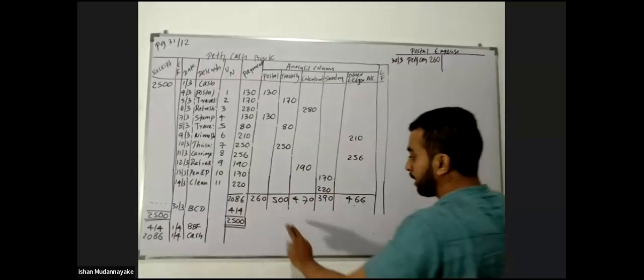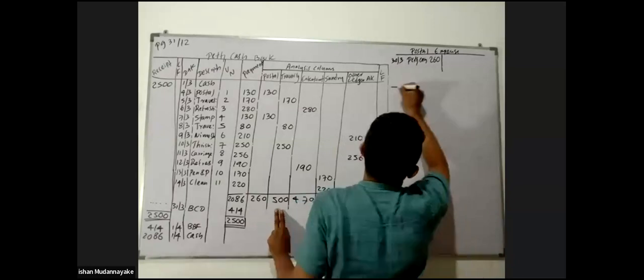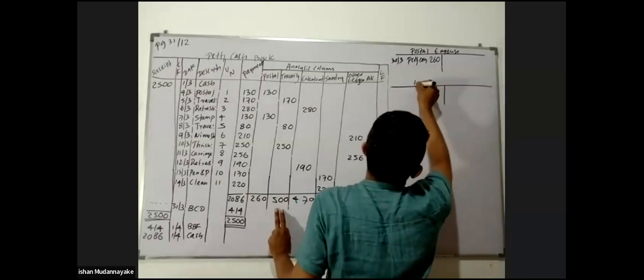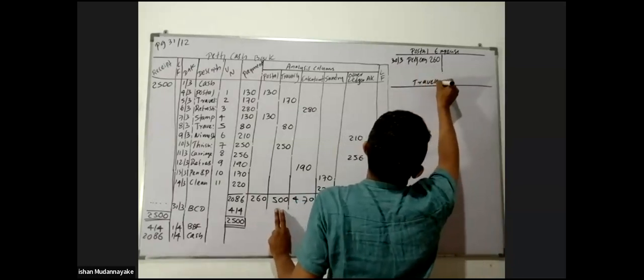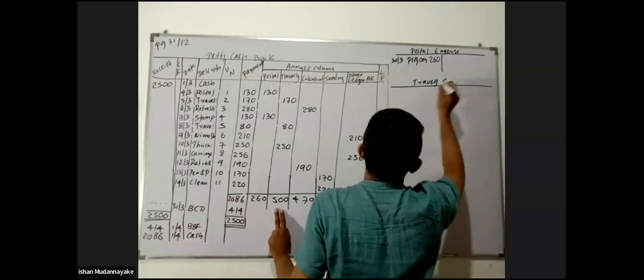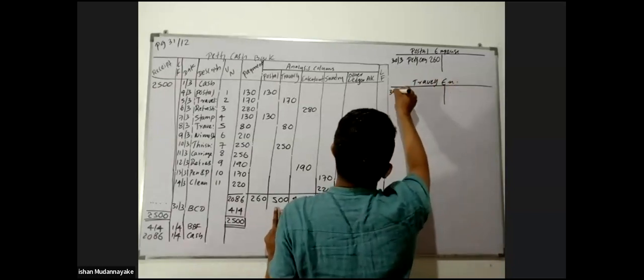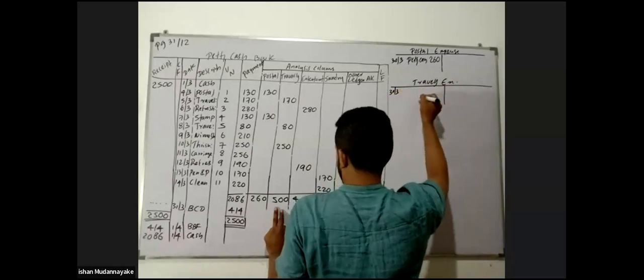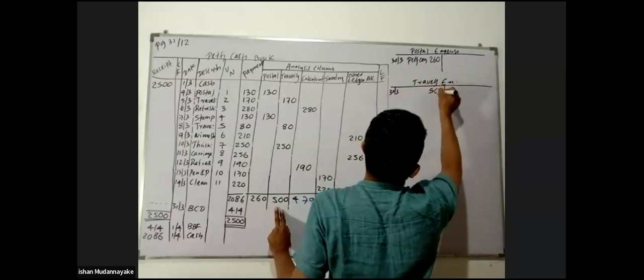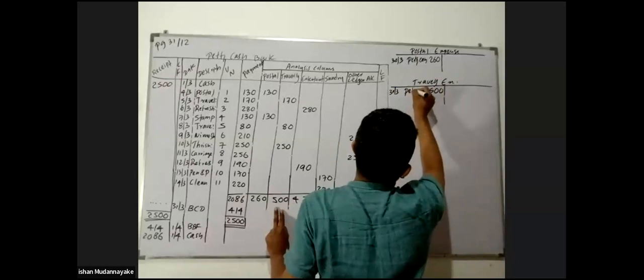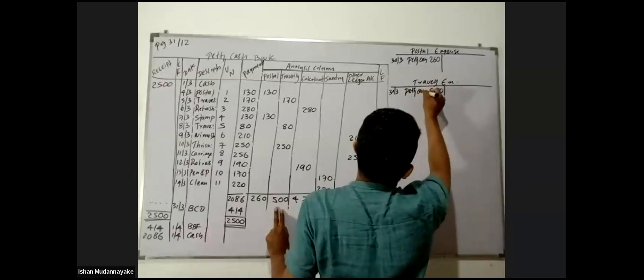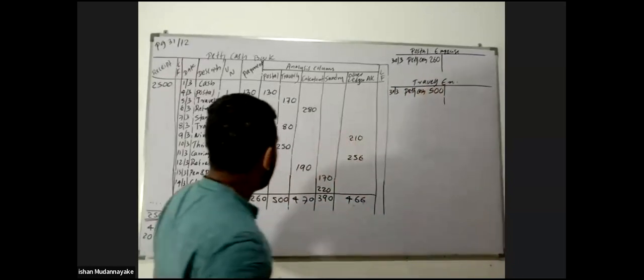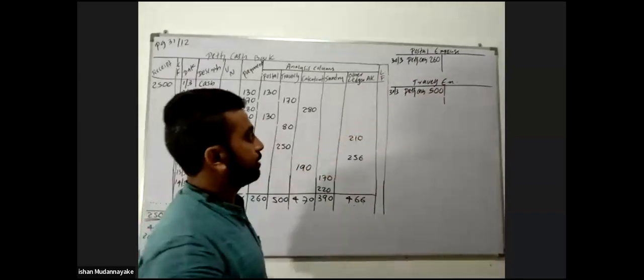And then prepare the travel expense account. Here 30th March, travel expense 500, petty cash. Petty cash book credit, travel expense account debit.